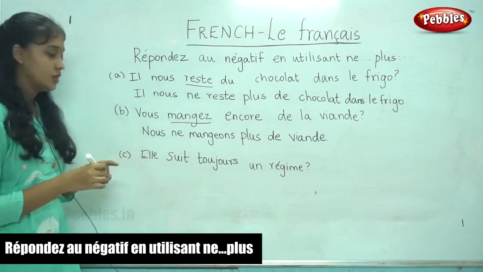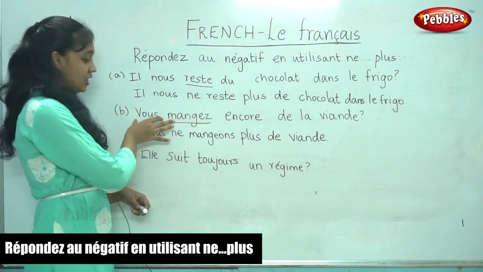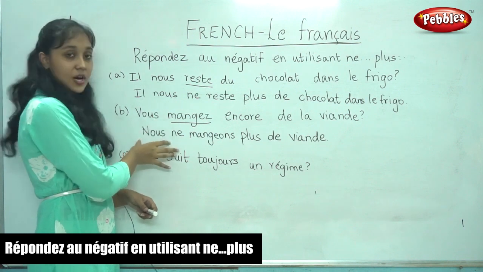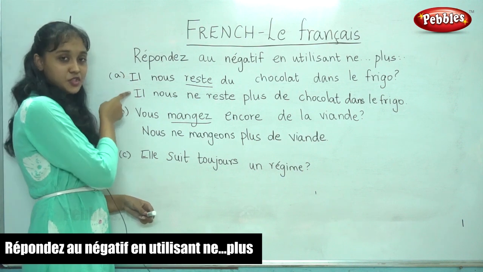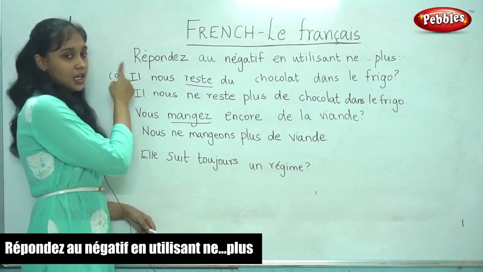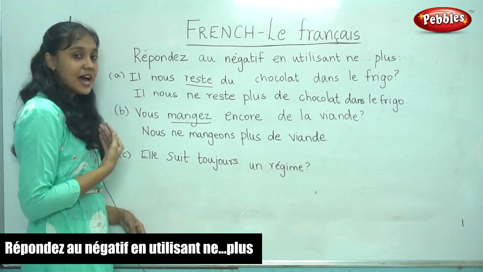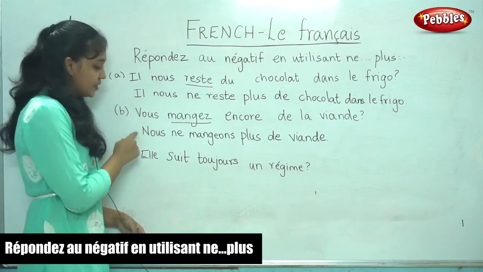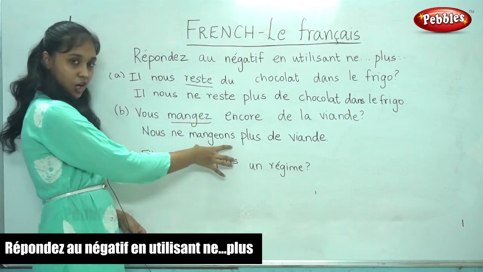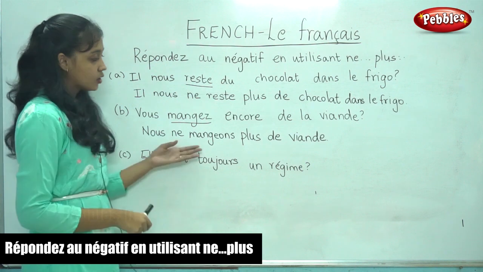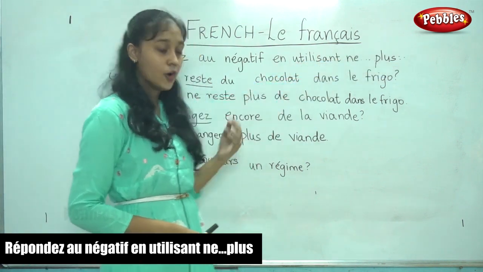So what did we do? We first read the question and in order to answer it, we need to change the subject. In the previous case, we didn't have to change the subject because it is third person. Since this is second person, your answer will have to be in first person. So nous, the verb is also conjugated accordingly, and our goal here is to write it in the ne plus form.